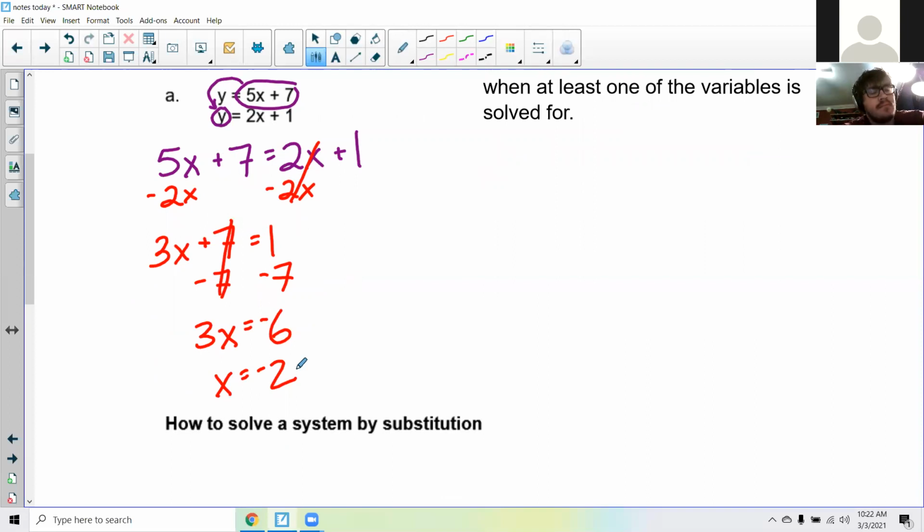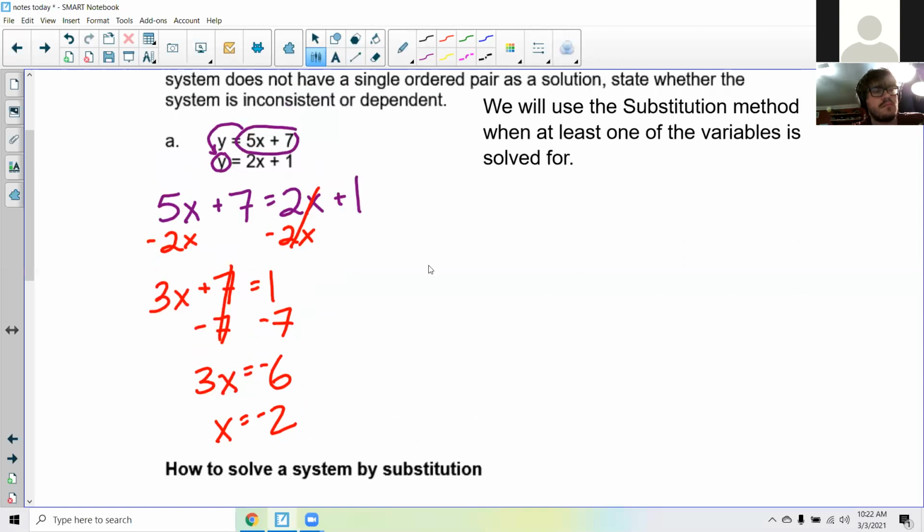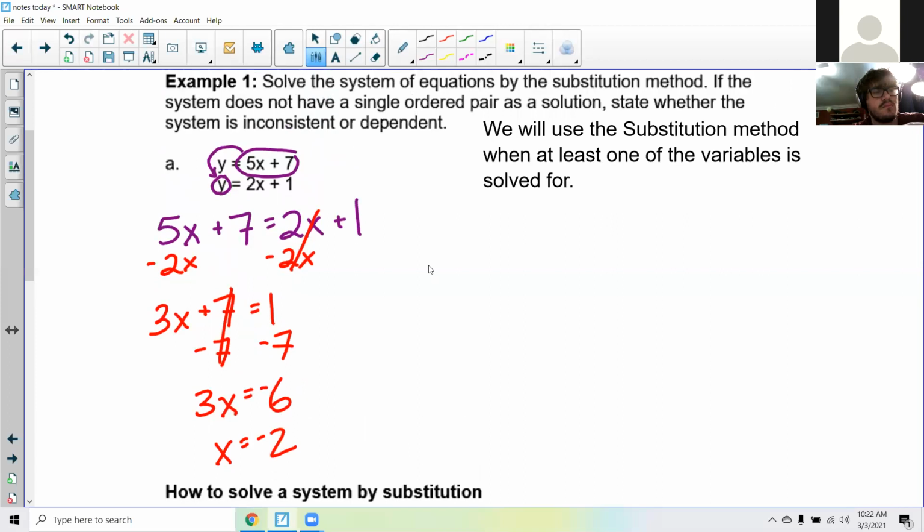Now, if we were taking this class in person, a lot of people on the exam would stop there. I got the answer, I'm done. Circle it, x equals negative 2. That's only half the solution, because the solution to a system of equations is the coordinate x, y. So I need the y value as well. I can take this value of x and plug it back into either equation. I know it's going to be the same because that's where they cross.